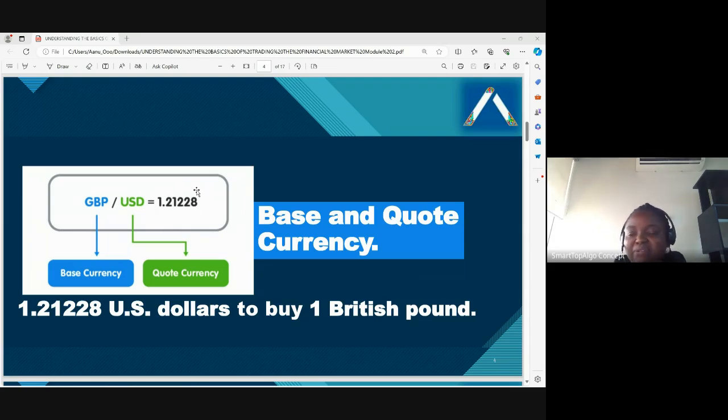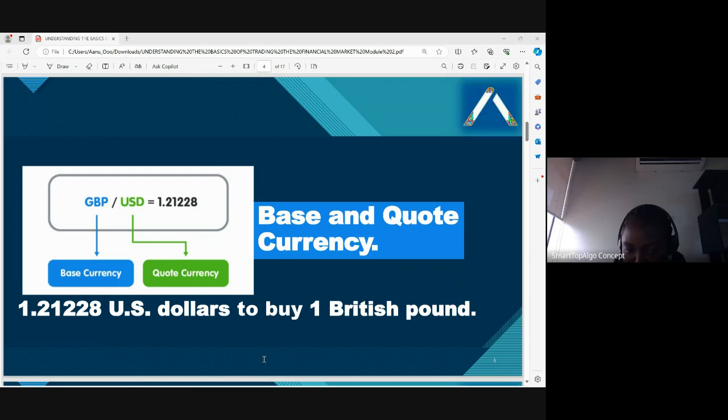So if I want to buy, what I am buying is the currency that comes first, which is the base currency. The amount of value I need to buy this base currency is always quoted in the second currency, the quote currency. That's why I said the base currency always has the value of 1.